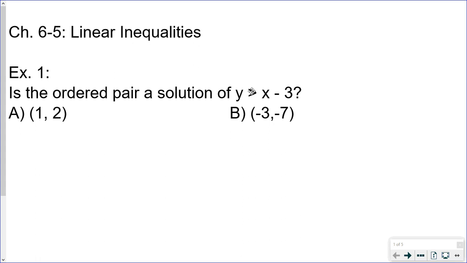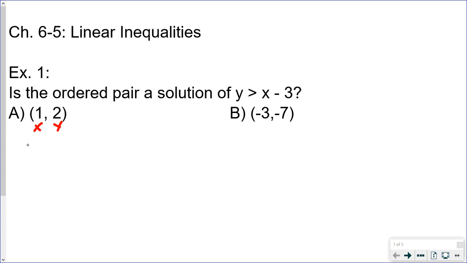All right? In a lot of ways, we're going to treat this the same way that we treat a linear equation. So I'm going to assume that you already know about linear equations and how to graph them in this lesson. But this first example says, is the ordered pair a solution of this linear inequality? All we're going to do to check this, the answer is either yes or no, is take this x and y value and plug it into the inequality.